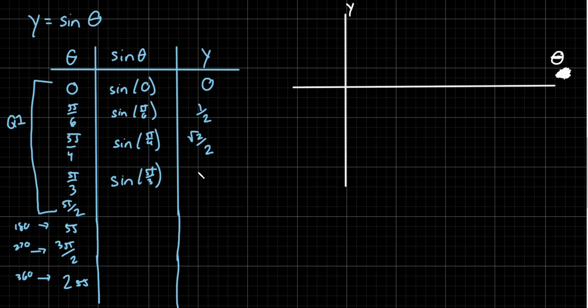The sine is square root of 3 over 2. Perfect. At pi halves, how much is sine? So at pi halves, I'm at 90 degrees right now. What is the x value at 90 degrees?